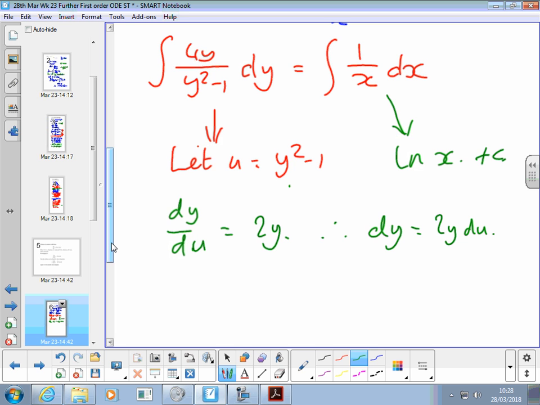Have we done that right? At the moment, we're differentiating what we've called u. So the constant disappears, and that becomes 2y.